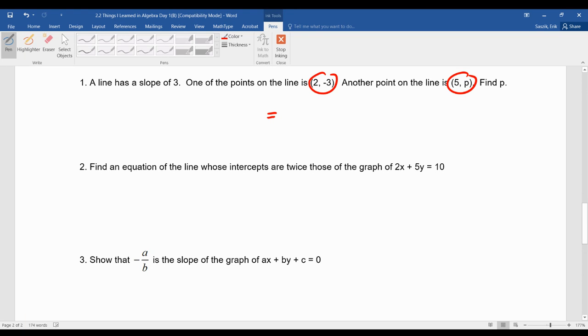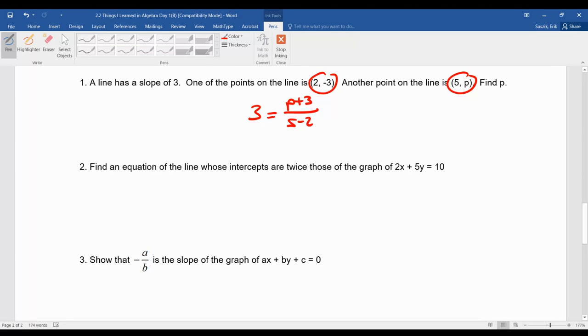To find the slope, what do we do? We do y2 minus y1. So p minus negative 3 would be p plus 3, over 5 minus 2. Now that equals the slope, but we're given the slope here. So instead of finding it, we already know the slope, we just have to solve for p.